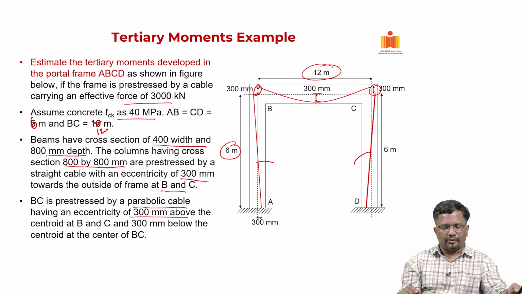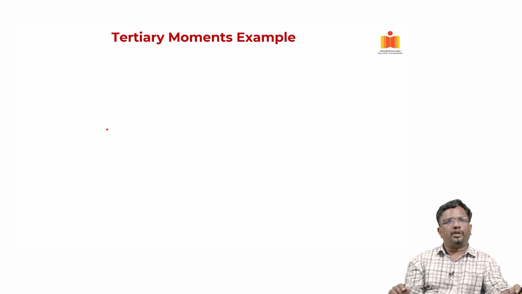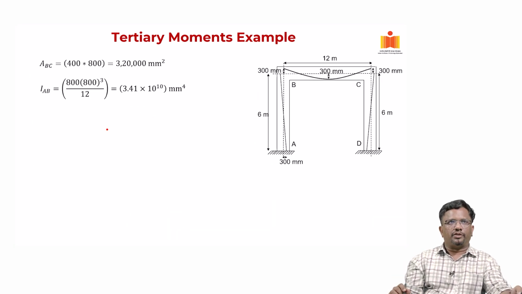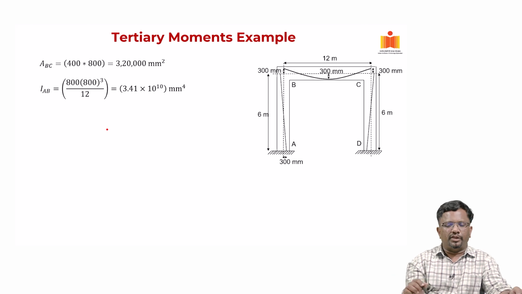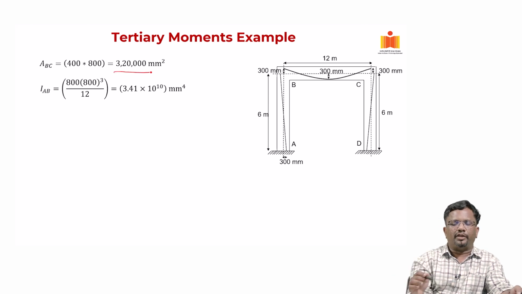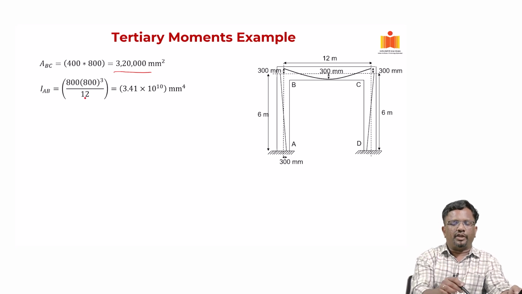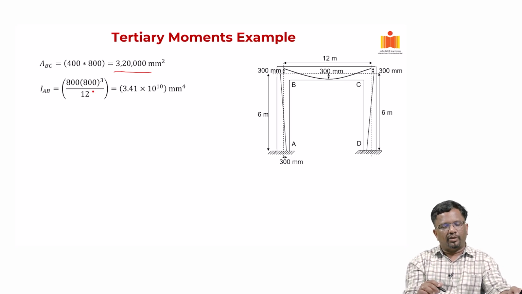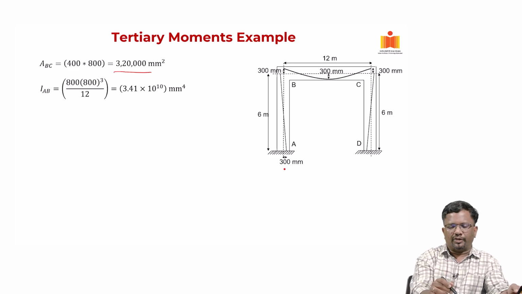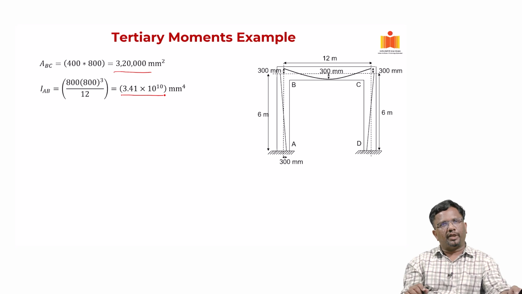So, let us go ahead and look at the calculation. The area of this beam BC will be 400 by 800, which is 3,20,000 millimeter square, and IAB, the moment of inertia of the column, is 800 into 800 cube by 12, which is 3.41 into 10 to the power of 10.